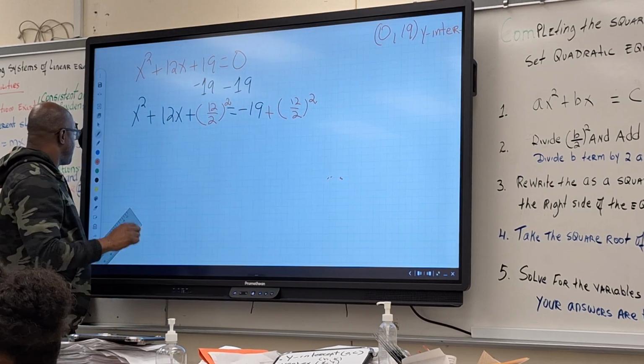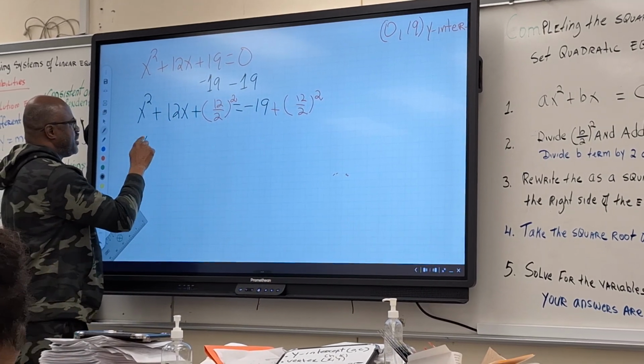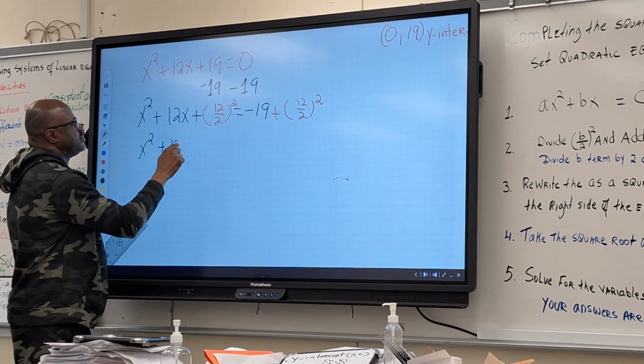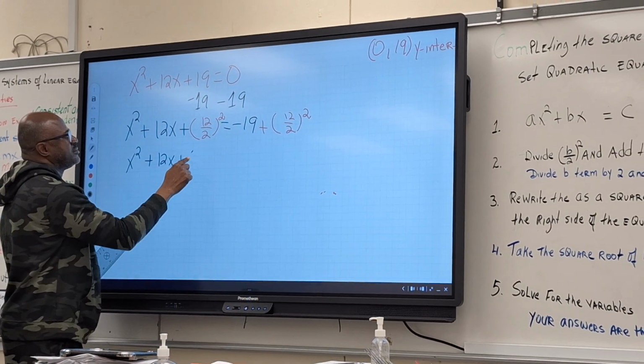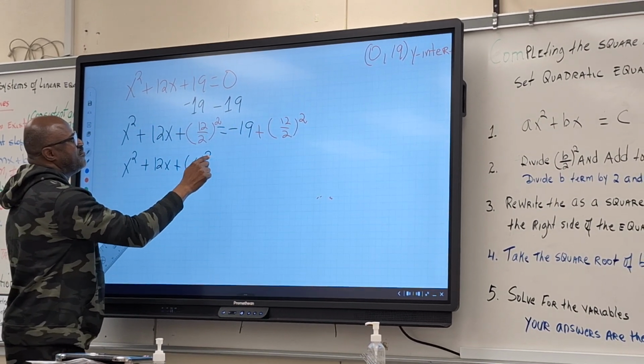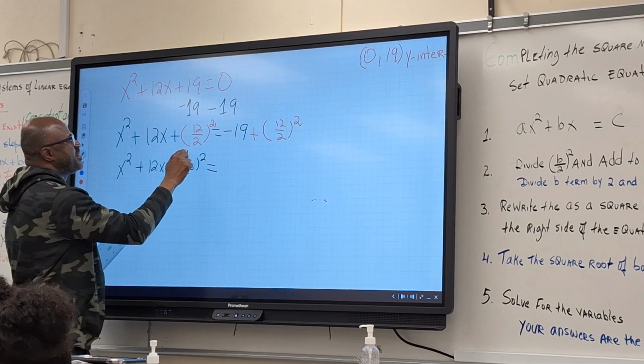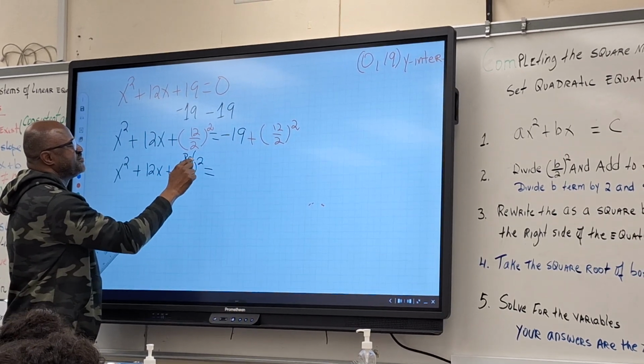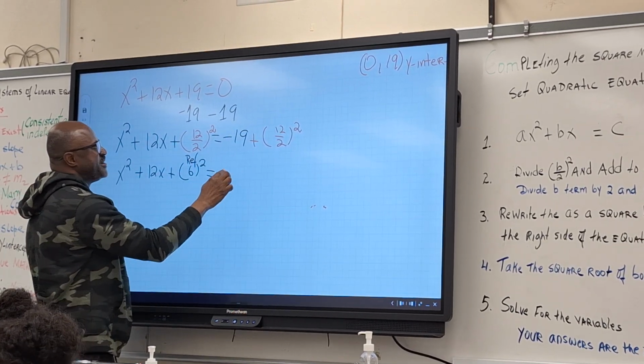And we will end up with x squared plus 12x plus 6 squared. The number you're going to square is 6, and we want to keep that as our reference because we're using it later, right?